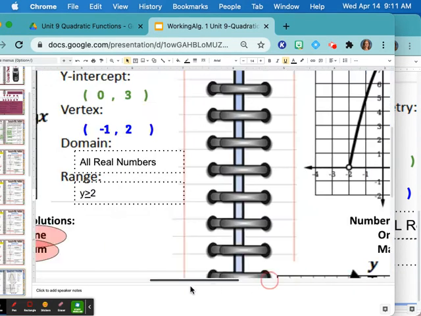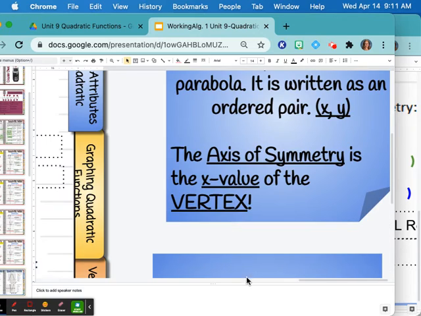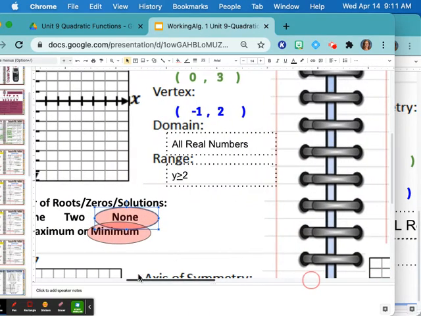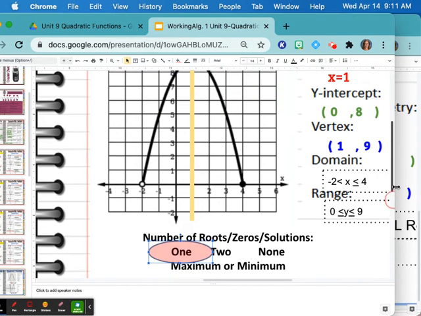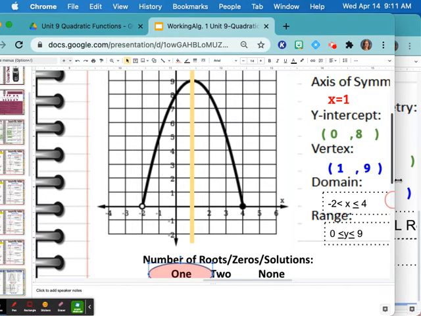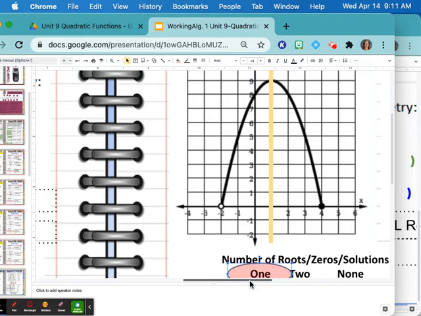So grab a circle and take it over there and circle that it only has one solution. And it's this one right here. And this is a frown. So what do we have? A maximum or a minimum? Maximum.